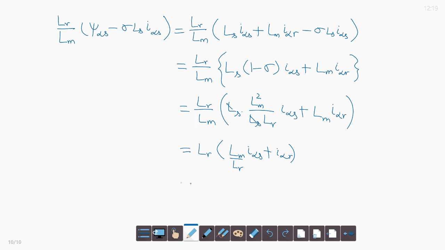So you have Lm I alpha s plus Lr into I alpha r. That is psi alpha r. So we wanted to derive psi alpha r, which is given by this expression for estimating. This is the derivation of the previous equation.